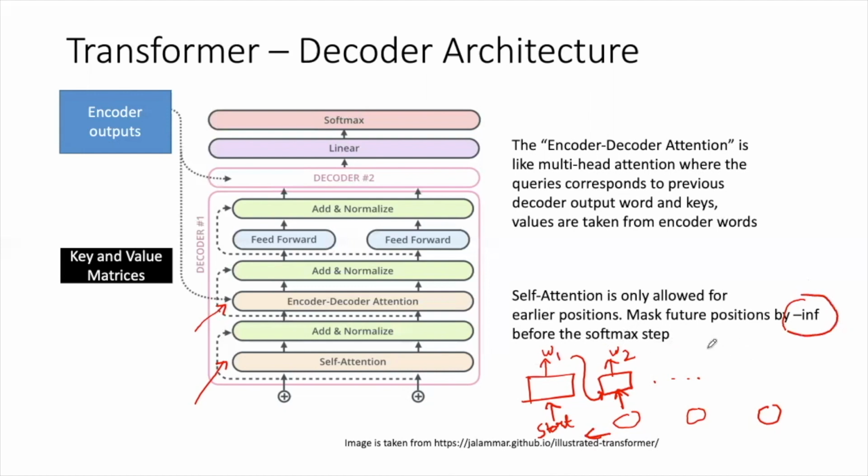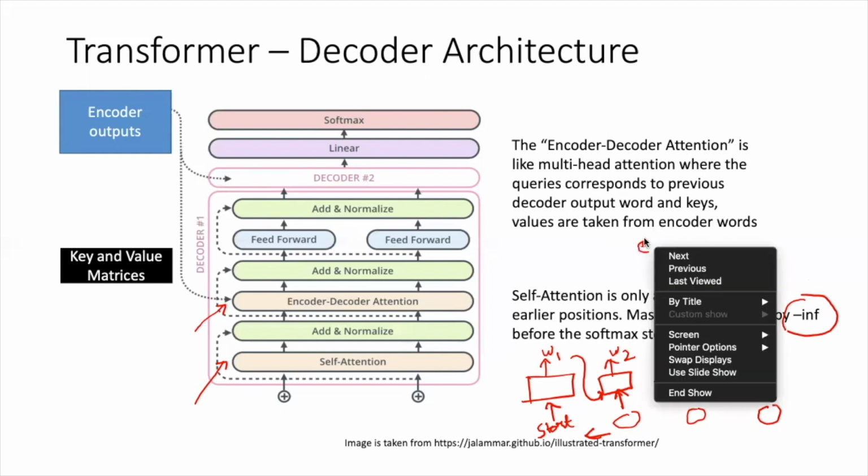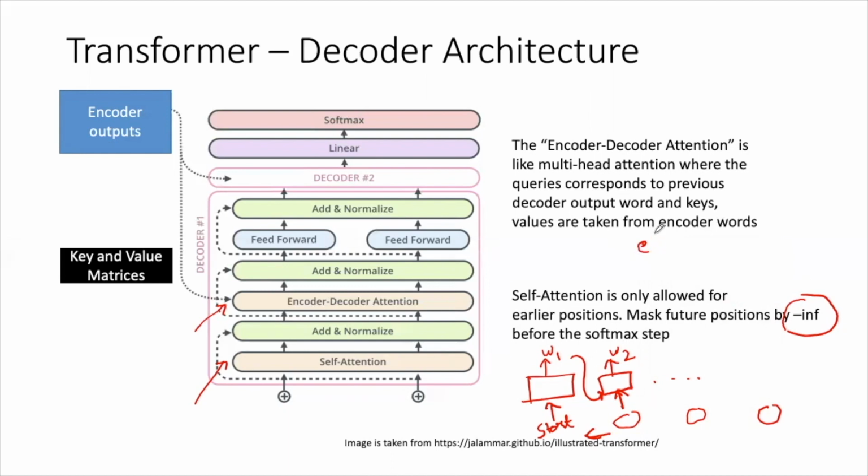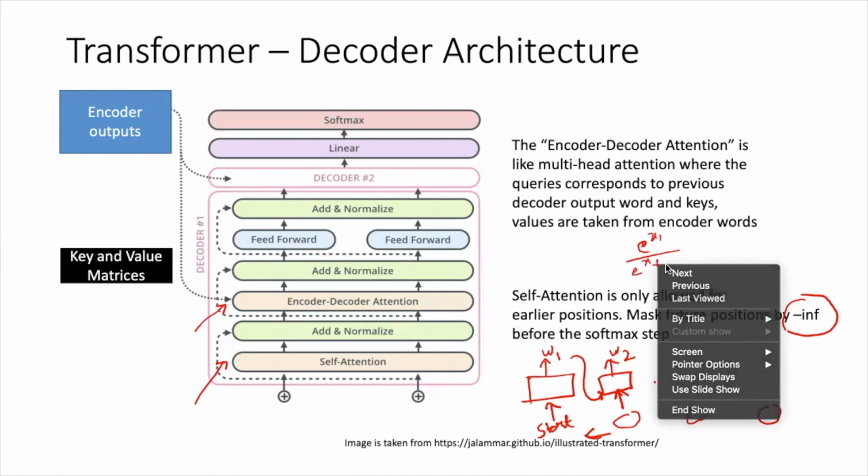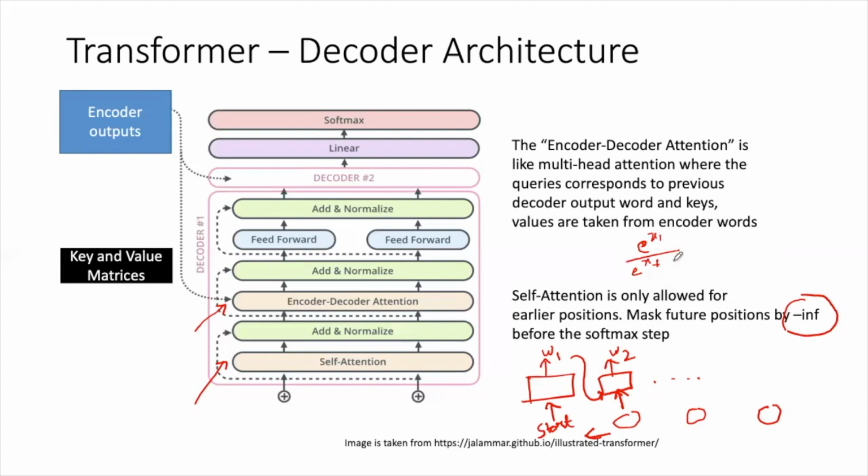Since we assign -infinity, in the process of softmax, the scores associated to all the future words turn out to be 0, because in a softmax we compute e to the power x1 divided by e to the power x1 plus e to the power x2 and so on.